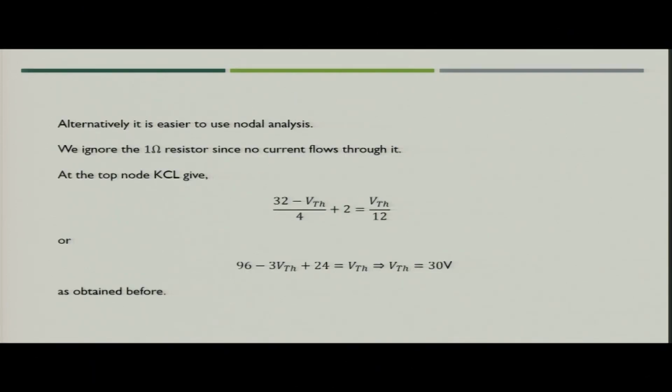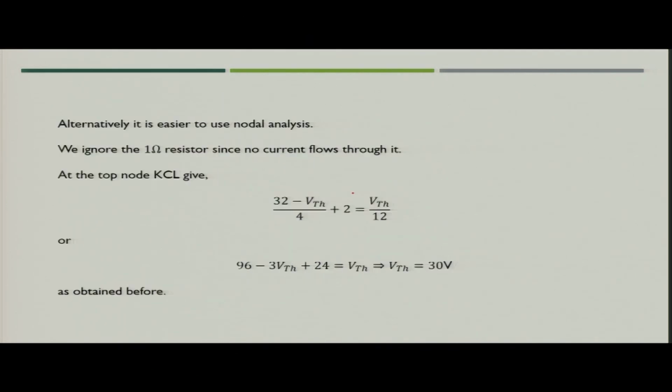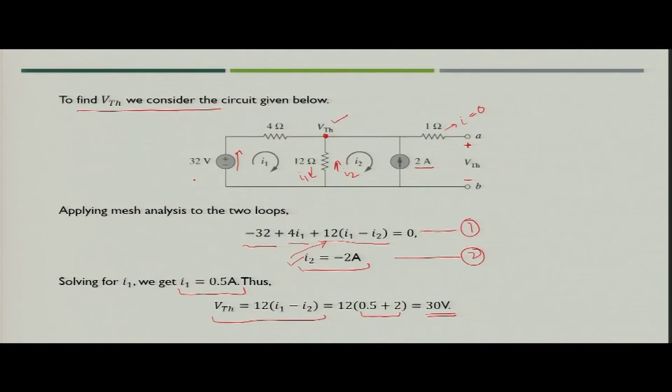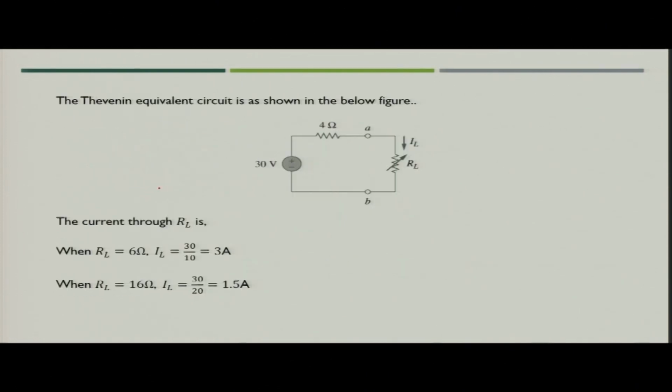Now, instead of mesh analysis, you can also apply nodal analysis as well. So, if you apply the nodal analysis at this node, because this is the node where you are seeing the voltage VTH, that means that you have to use Kirchhoff current law here.